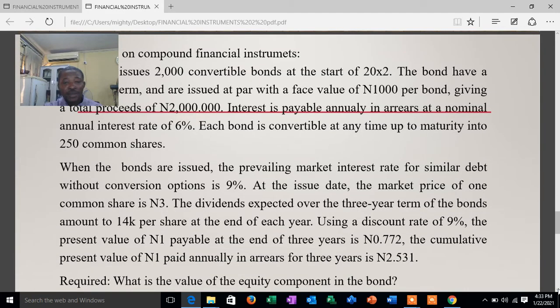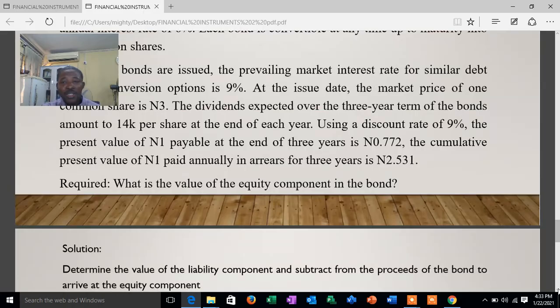When the bonds are issued, the prevailing market interest rate for similar debt without conversion option is 9%. At the issue date, the market price of one common share is 3 naira. The dividend expected over the 3-year term of the bond amounts to 14 kobo per share at the end of each year. Using a discount rate of 9%, the present value of 1 naira payable at the end of the 3 years is 0.772 naira.